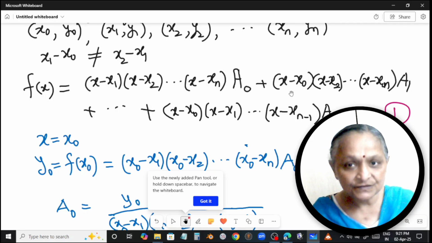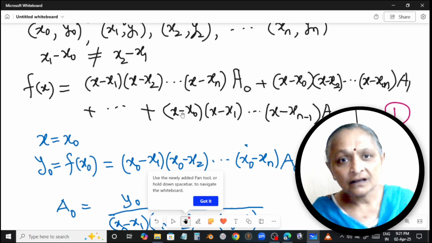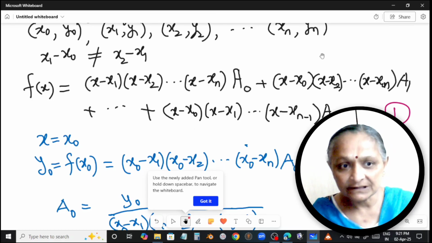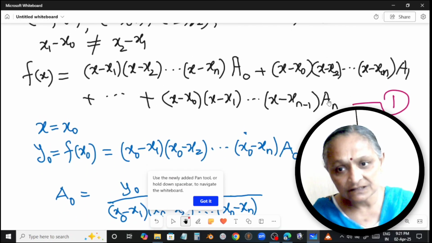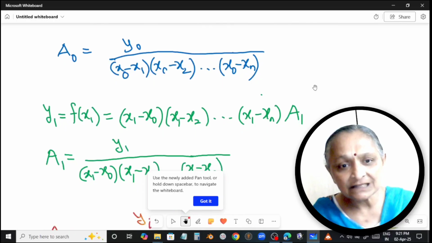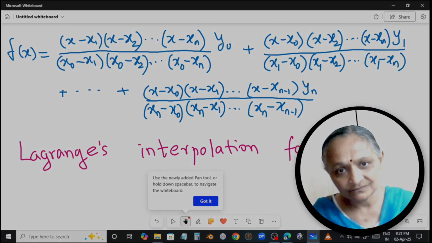So this is the construction. And this polynomial agrees with the given set of points. That helps us in getting the values of the unknown constants over here. And that formulates Lagrange's interpolation formula. That's all.